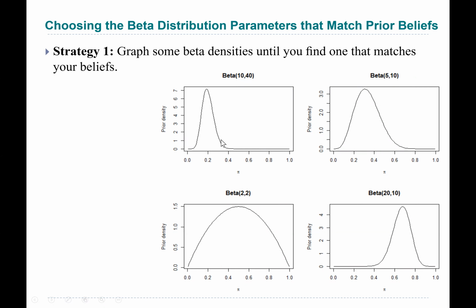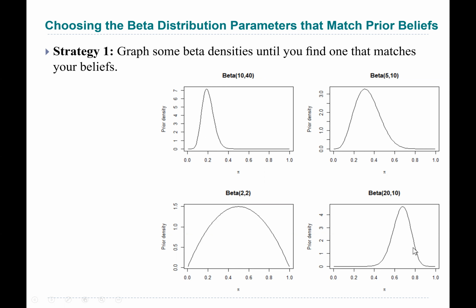If you choose this one, you add more values. If you choose this one, you give some probability to almost everything. All the values have some probability, but the values about 0.5 are big. And in this one, the values about 0.7 are big.